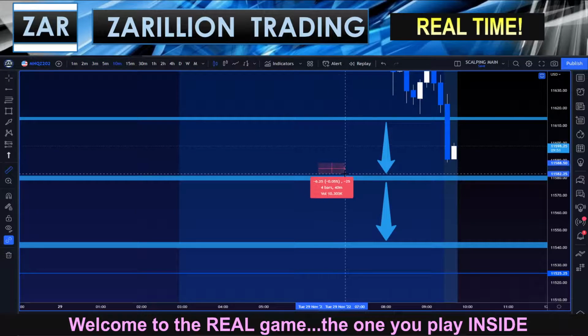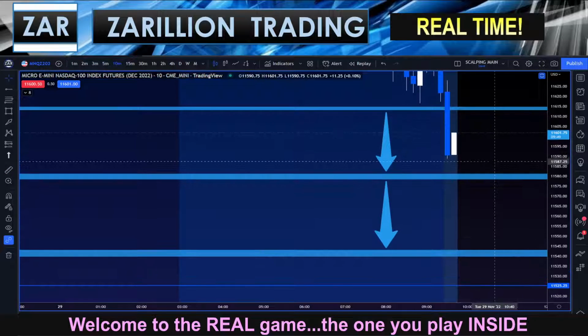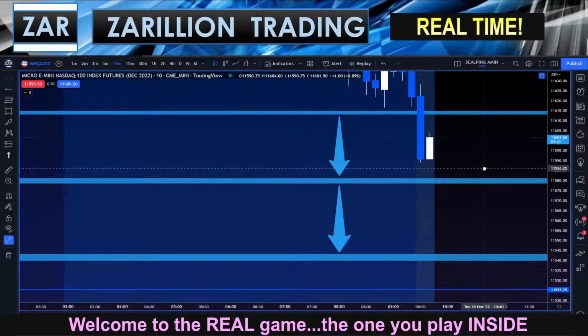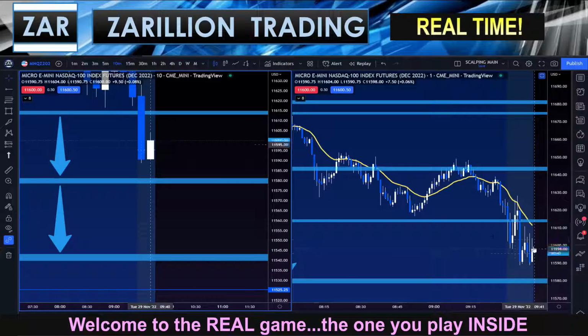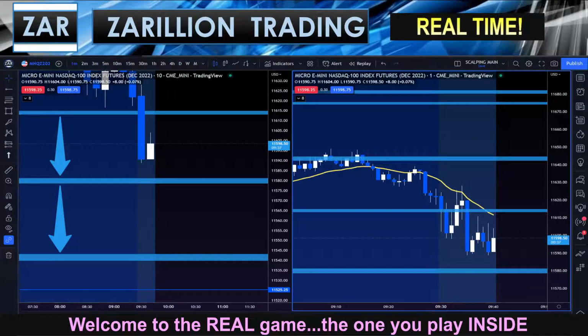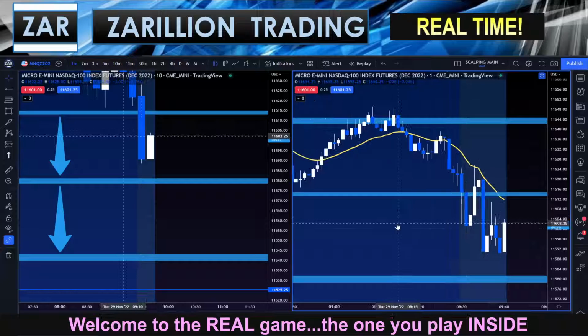What's left of this zone is about 6 points. We're pulling back now. I would have liked to have seen a nice bottom wick on this candle. Since we didn't, there's nothing in it for me at this time. I will bring in the 1 minute chart as well, so we can look at both of them and see if anything interesting sets up for us here.